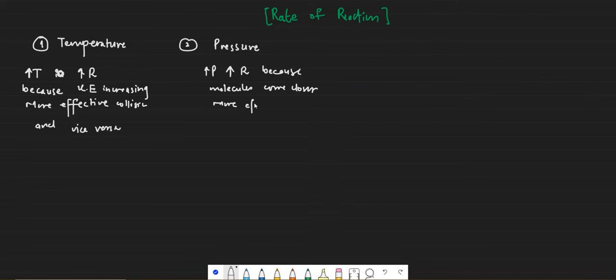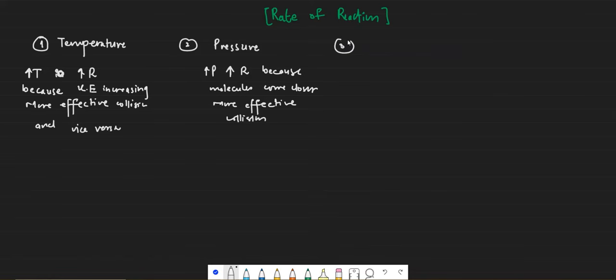Same thing, but you always need to write effective collisions. Then again you get 3 marks, and vice versa. Decreasing pressure will decrease rate of reaction because molecules will move further apart, which leads to less effective collisions.